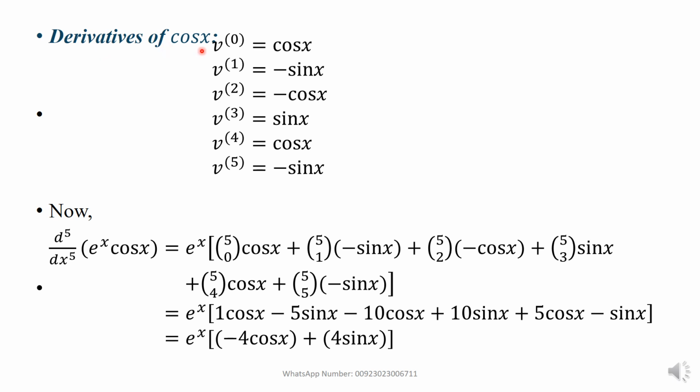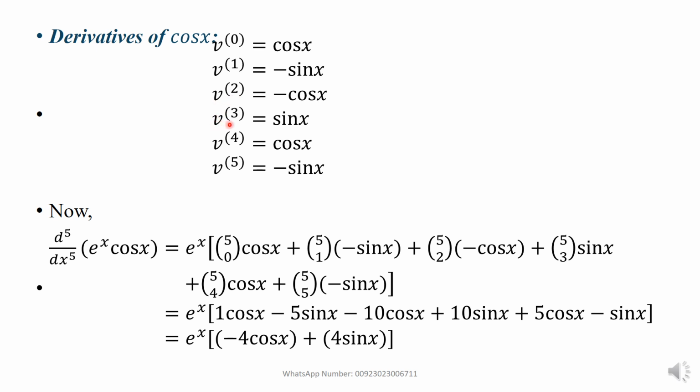The derivative of cos x: you write first, the function is same. The derivative of cos x is minus sin x. Again derivative, minus cos x. The derivative of sin x is cos x. You can see two times derivative.